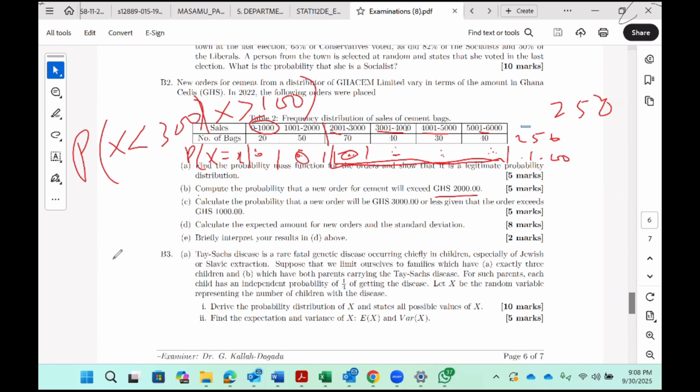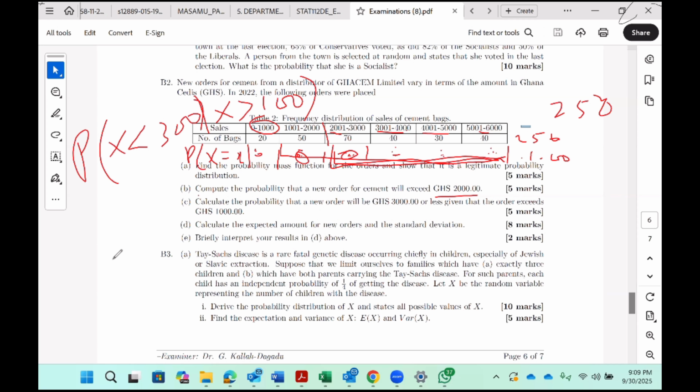The probability that the order is 3,000 or less, given that it's greater than 1,000, means adding the probabilities from here up to this point, divided by the total probability from here to here.